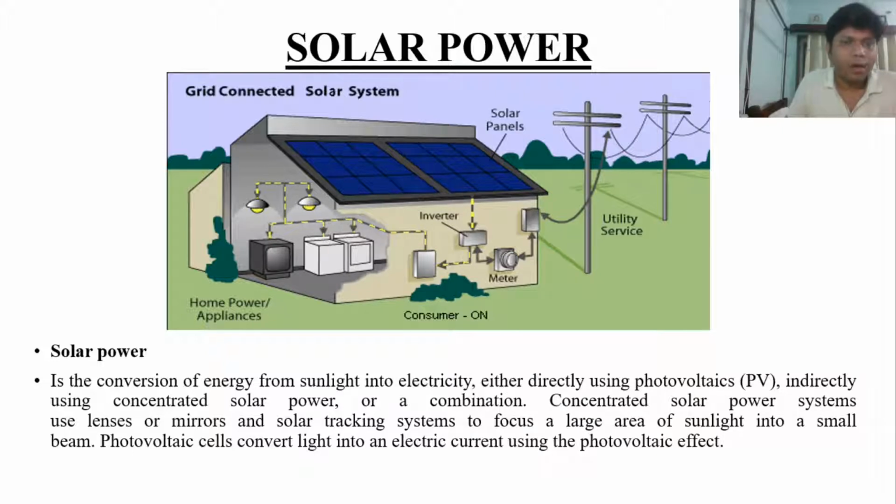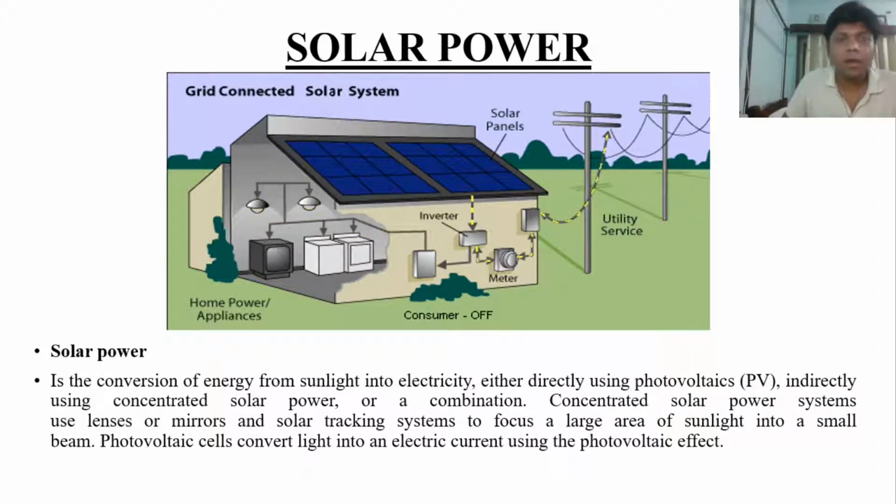Okay, so let's have a look at the overview of solar power, and let us try to understand how solar power is generated at our homes, and how we can utilize electrical power at our home with the help of a solar panel.